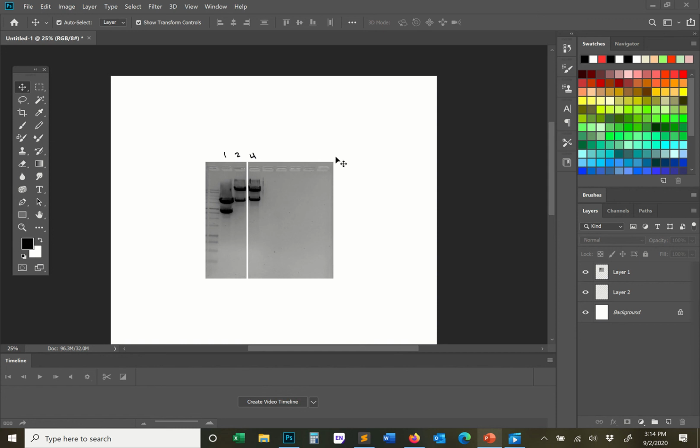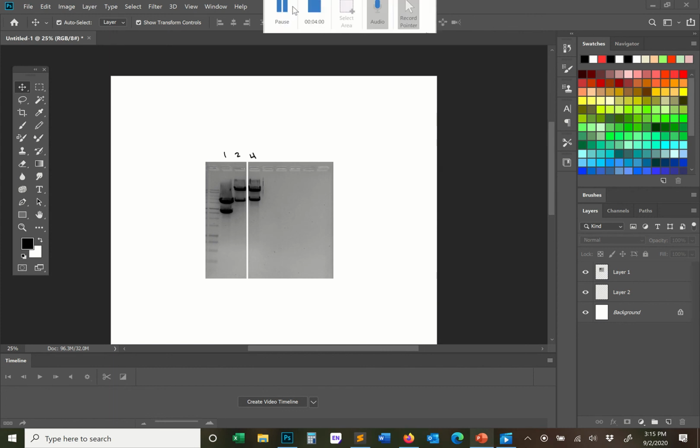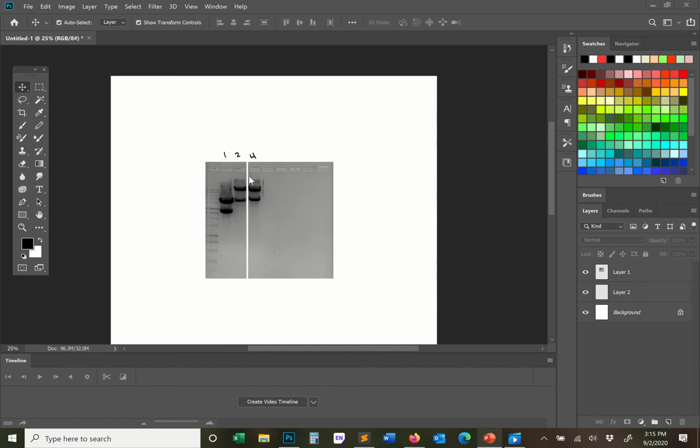And what you would write in the legend of the figure, or underneath in the methods, is something like: this particular gel was cropped, but it's derived from the same gel, and therefore comparing lane 2 to 4 is legitimate. Okay?